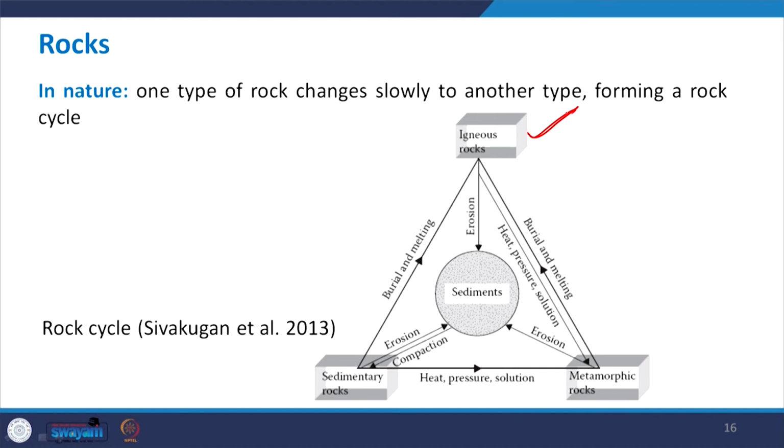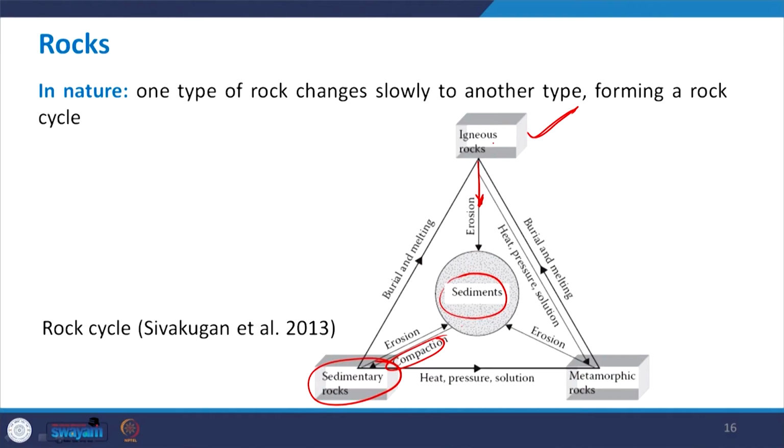Now its erosion takes place, and then you have the sediments because of the erosion. These sediments get compacted and they give rise to sedimentary rocks. So you see how an igneous rock over time got converted to sedimentary rock.